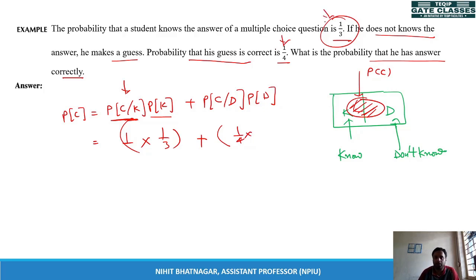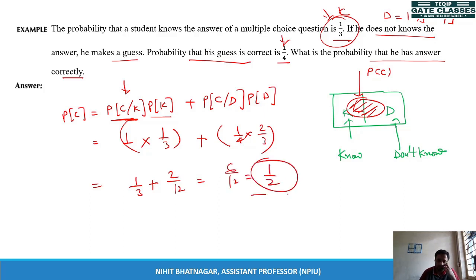What is the probability he doesn't know the answer? That is 1 minus 1 by 3, which is 2 by 3. So this is equal to 1 by 3 plus 2 by 12, or 6 by 12, equal to half. The probability that the answer will be correct is 1 by 2.